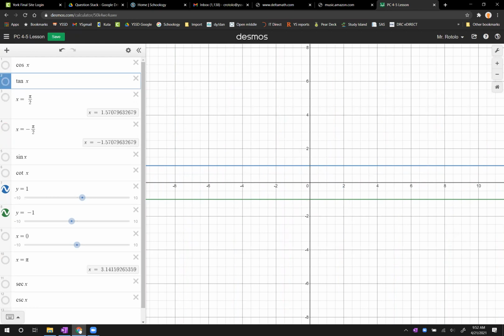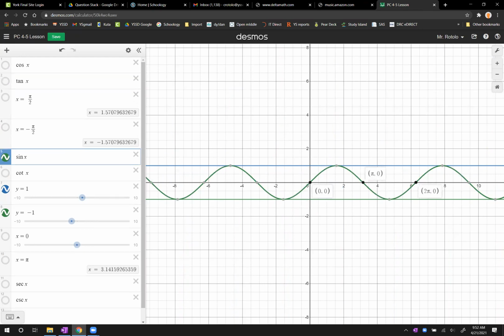All right, so we know the amplitude of the original function is still 1 and negative 1. So I'm going to leave those on there. Now, notice what happened is since sine starts at 0, that's going to move all of our asymptotes. Okay, so every place that I have a 0, let's see if I can get a couple of these on here. Right, these are going to be my vertical asymptotes. And we're going to work the whole way left to right from negative 2 pi to pi again.